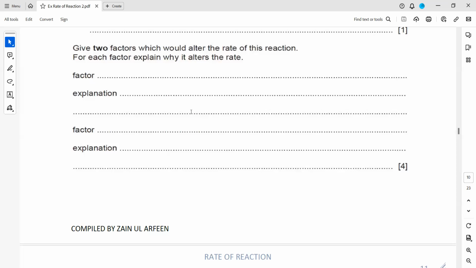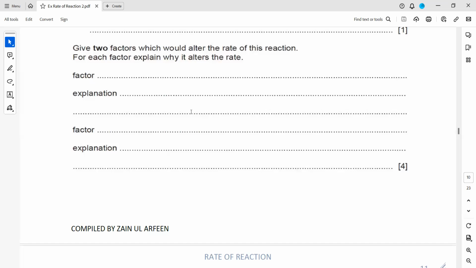So for example, if I mention temperature, then increase the temperature, a faster rate will be there, more collisions, greater collision frequency. And I can also mention powdered form or surface area, or a catalyst can be used.